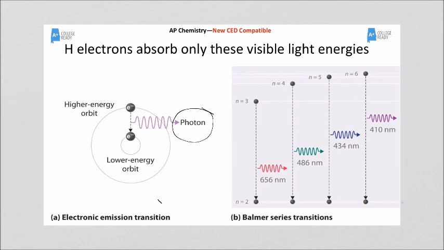The key to this is, if electrons gain energy, they move to a higher energy level, and when they drop down to what we call their ground state, which is their lower energy level, they give off energy, light, in the form of a photon.